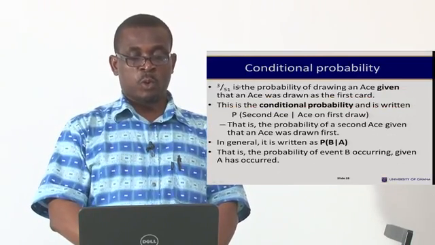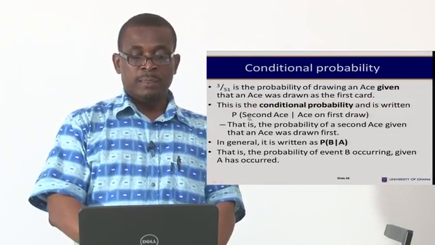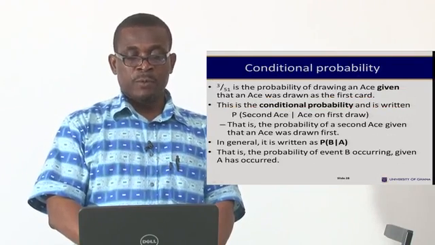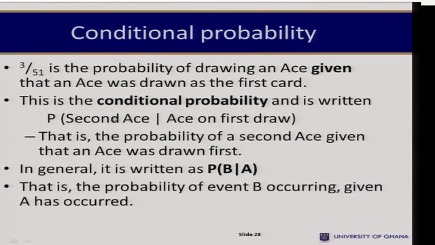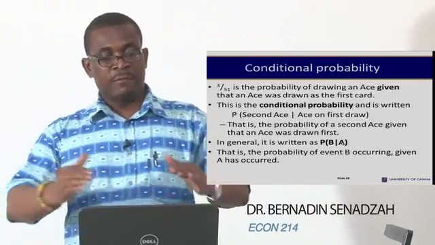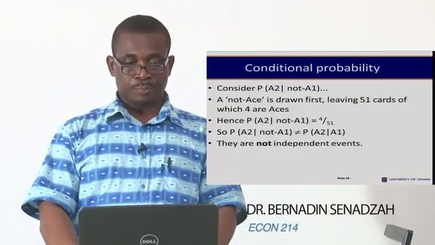So this value is conditional, right? Conditional probability is written as the probability of drawing a second ace given, this vertical line is said to mean given, that an ace is drawn first. In general terms, it is written as the probability of B given A. In other words, the probability of an event B occurring given that event A has already occurred.